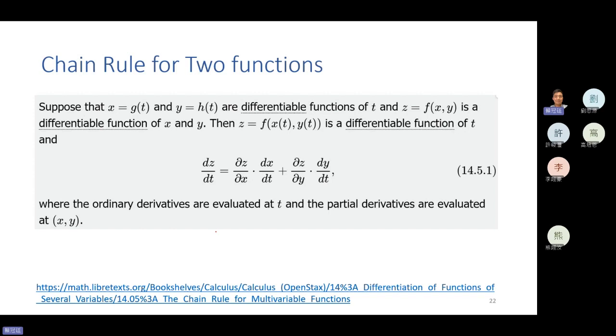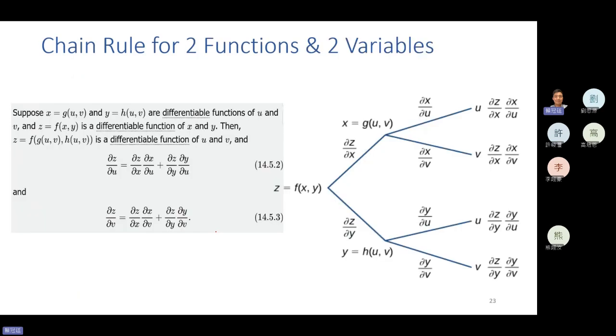We will have two sub functions, and you can have a tree to find all the possible derivatives. Also, suppose we have two nested functions and two variables, we will get 4 partial derivatives as the tree shows. So luckily, the deep learning framework will do this for us.